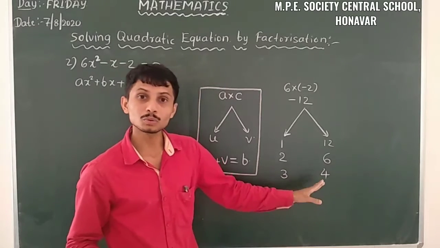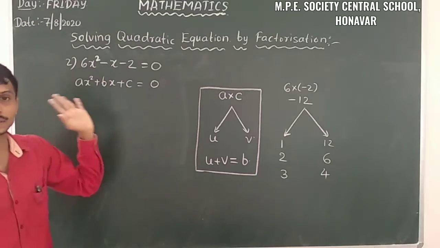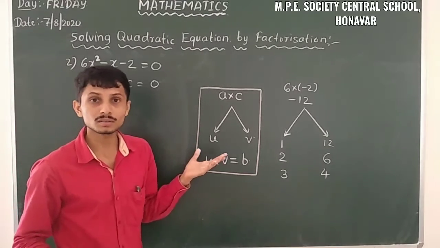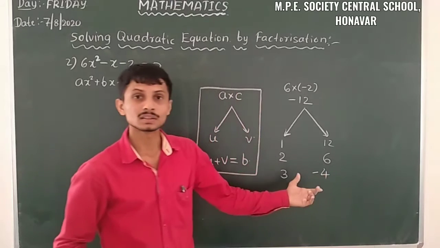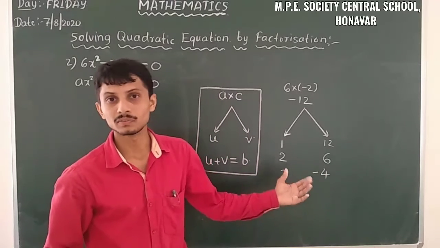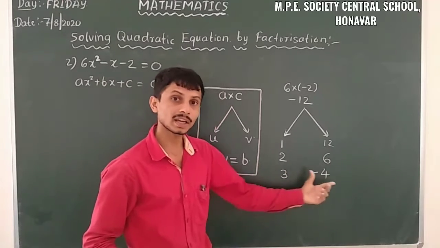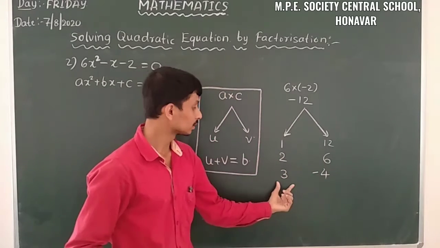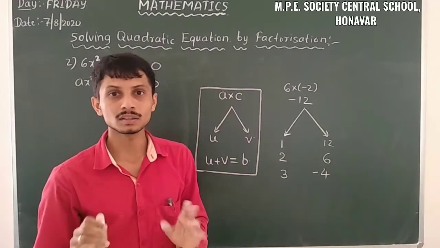Here we have to put the sign. But just observe, minus 1 is there. When the higher number has the minus sign as prefix, then only we get minus 1. So just check: 3 minus 4 is minus 1 and 3 into minus 4 is minus 12. That means the numbers are correct.